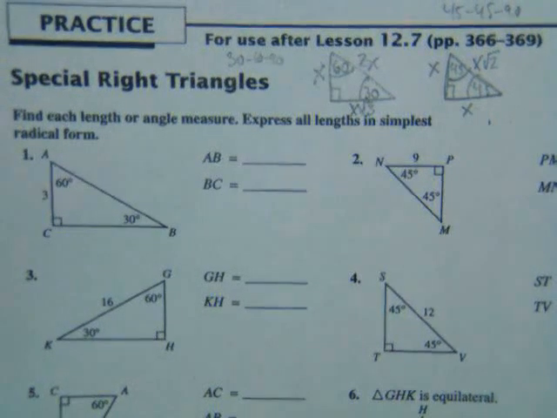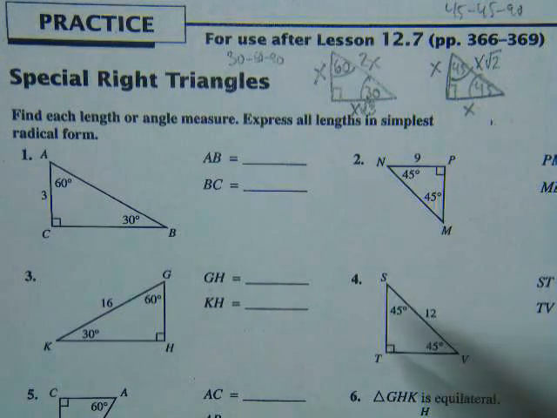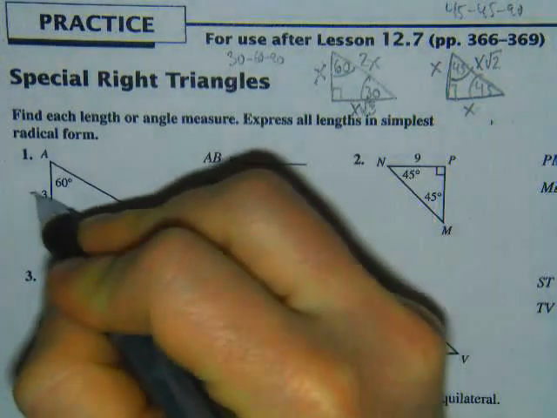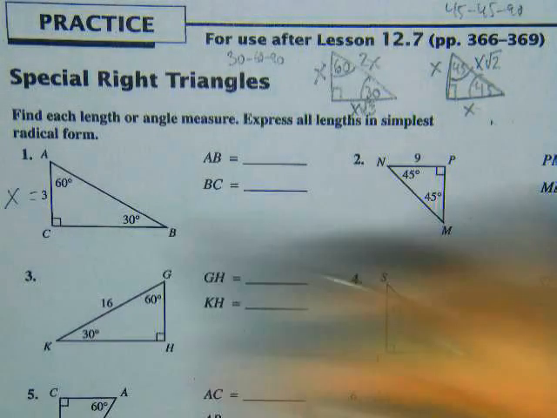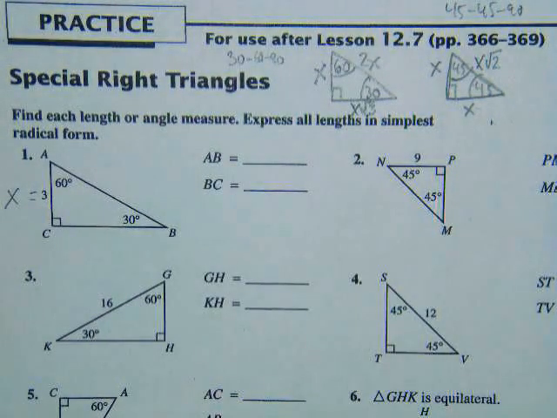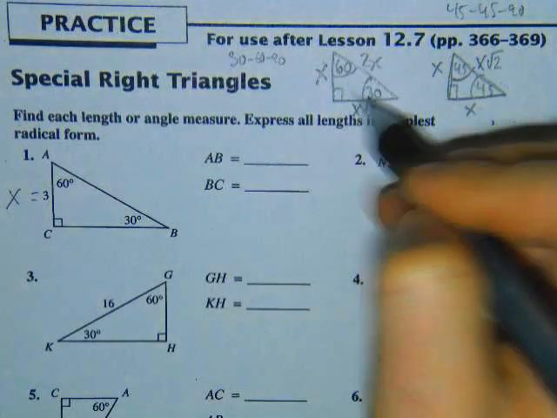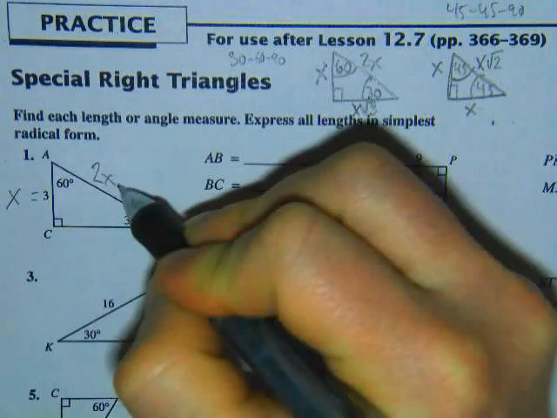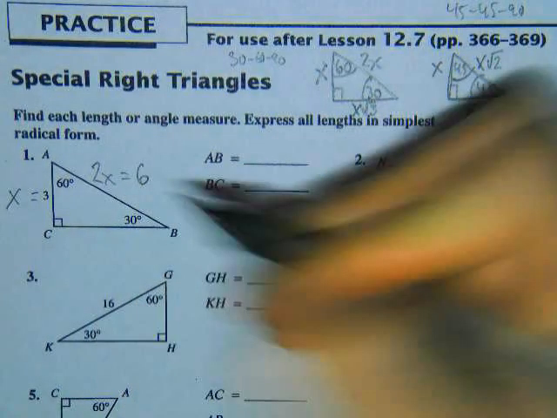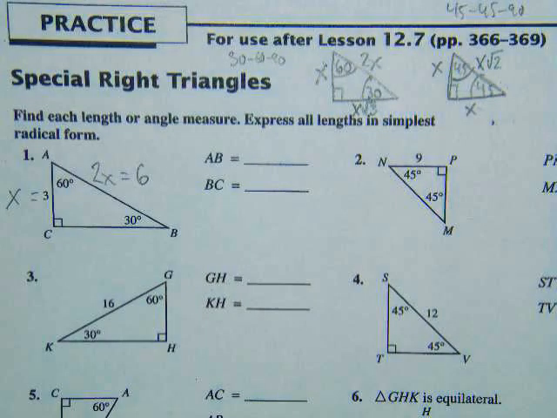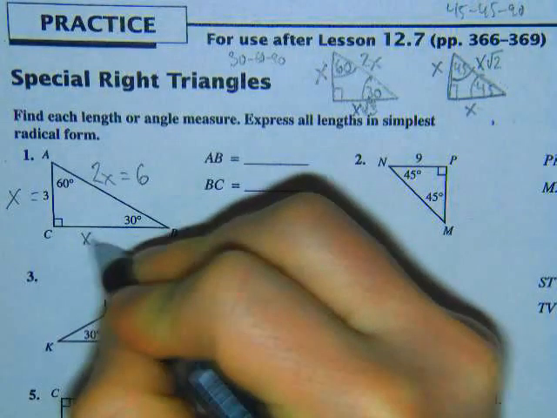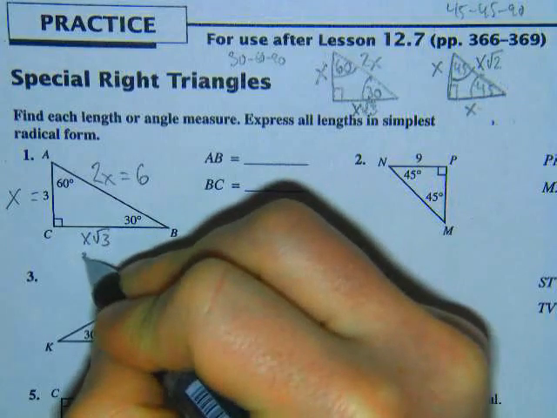First thing I do is identify what I have. This one's nice because it matches right up with this. So on my 30-60-90, this is x, and I'm using this model right here. So this is 2x. Well, if x is 3, then this is 6. And the side opposite the 60 is x root 3, which is 3 root 3.